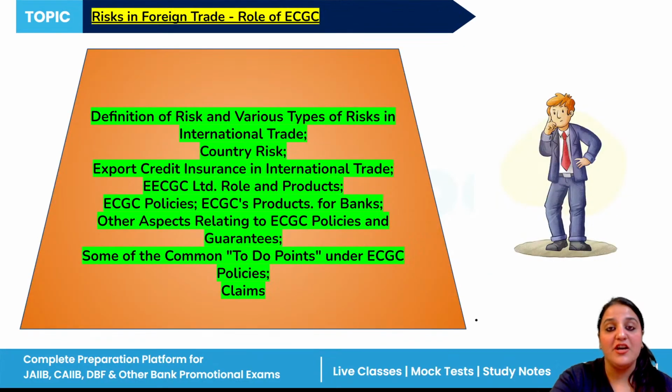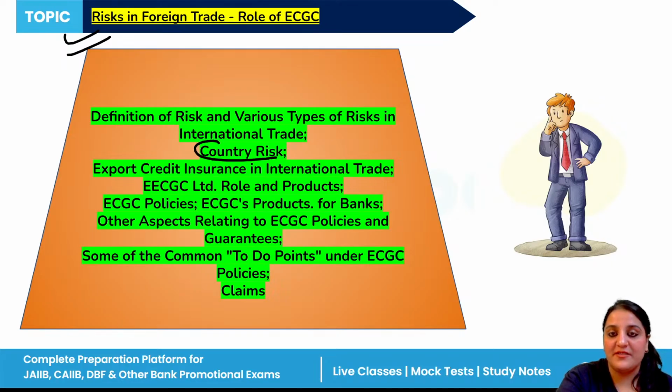Then we have risk in foreign trade. Here first we will discuss what is risk, what are the various types of risk, then what is the meaning of ECGC, what are the products of the ECGC, and what is the meaning of country risk.